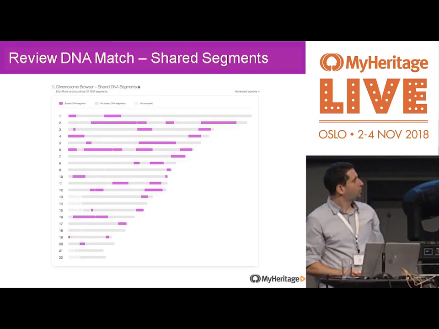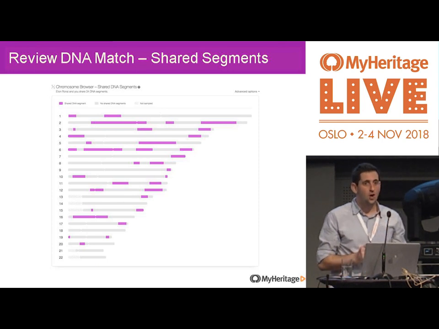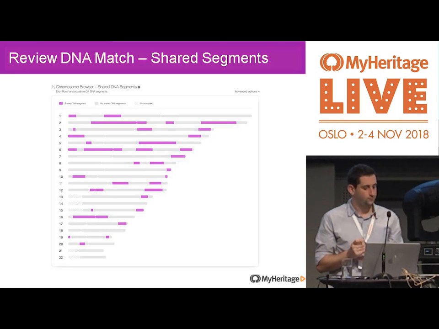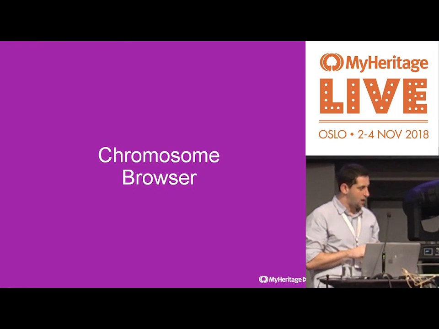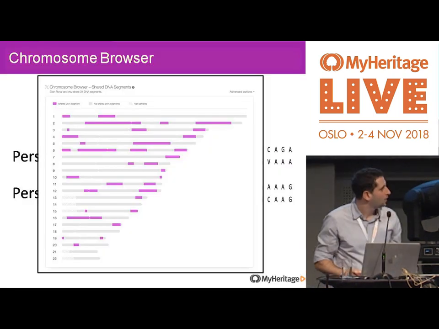And at the bottom of the page, we're showing you the chromosome browser, which lists the segments and their locations, those shared segments marked with purple, which are identical between you and the DNA match. All right? And we'll jump right into the chromosome browser now and talk about triangulation and other cool stuff.